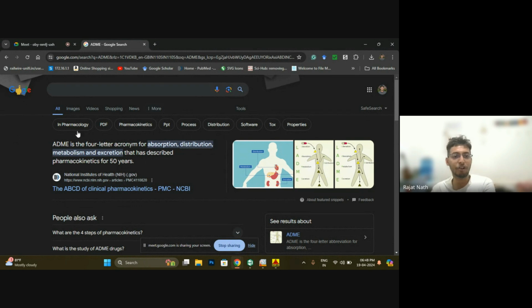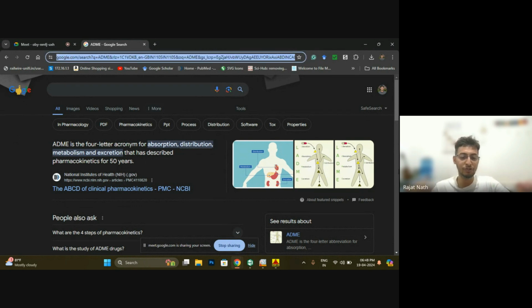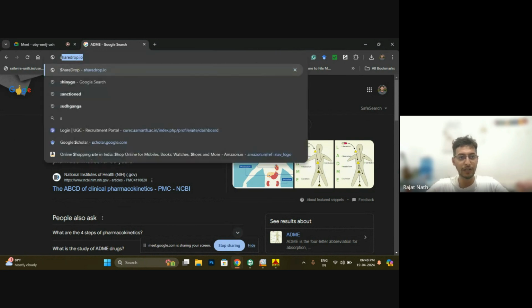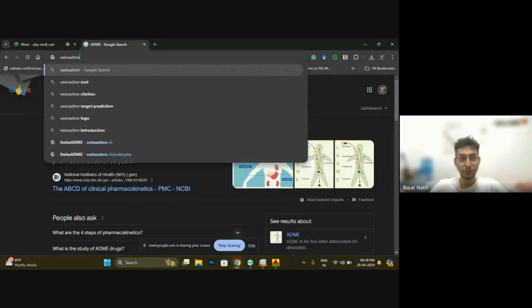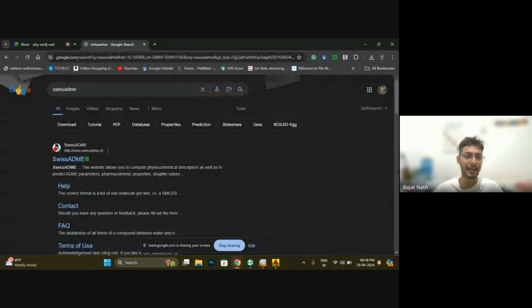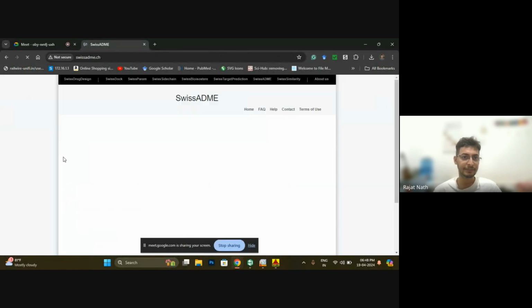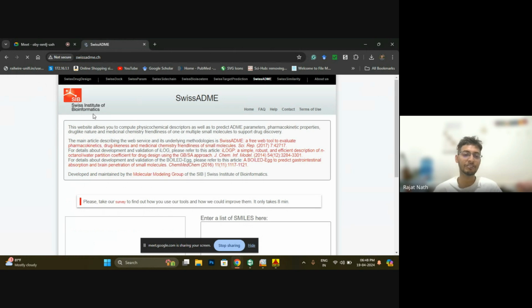To get the result of ADME, we have to go to a website known as Swiss ADME. Just type Swiss ADME and open the first link. This server is also created and maintained by the Swiss Institute of Bioinformatics.